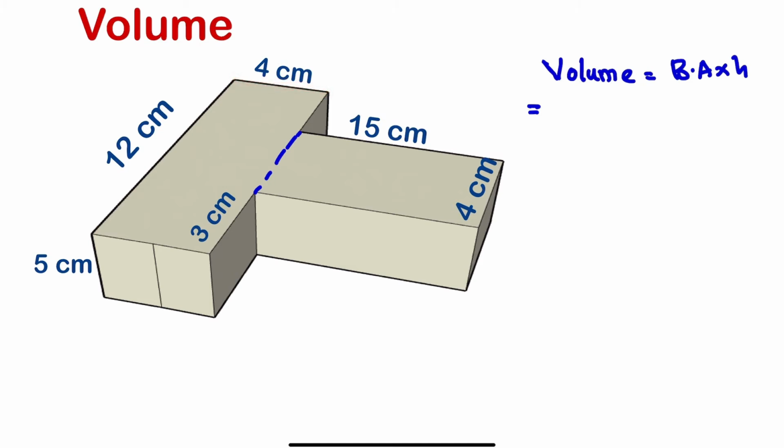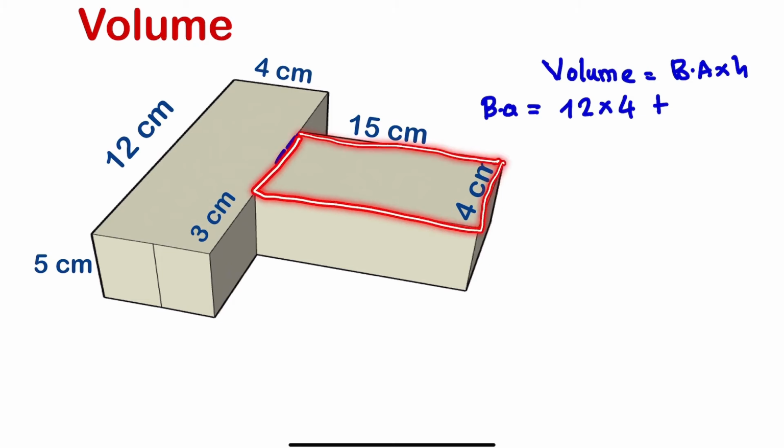So the area of this rectangle, if we focus on our base area, is 12 times 4 plus this other section, where we have 15 and 4. So this is our rectangle. We are also going to have 15 times 4.